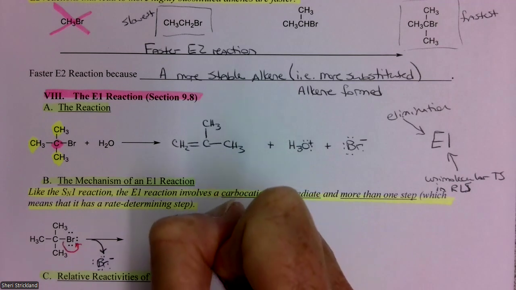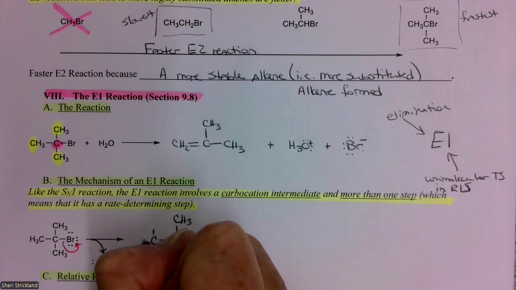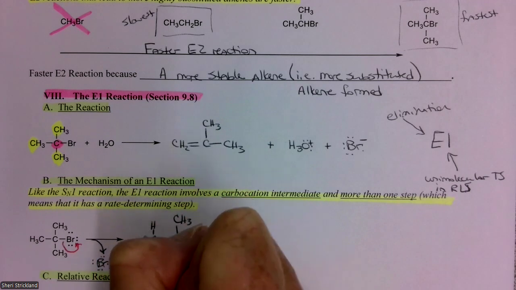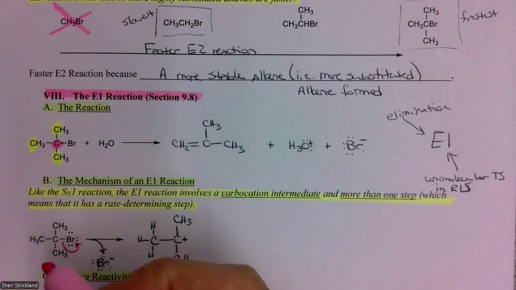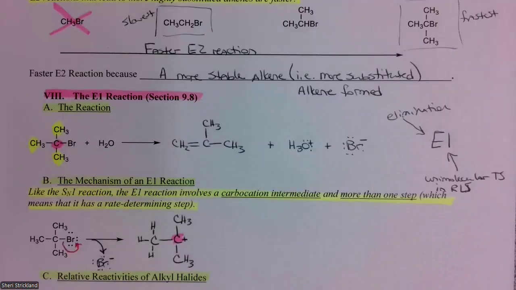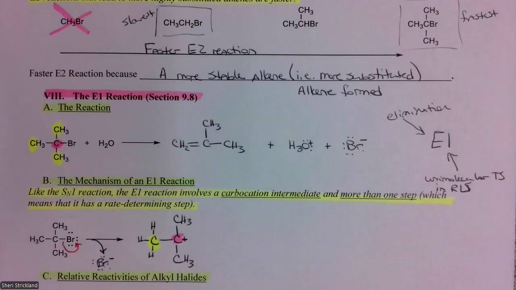This is our alpha carbon. These are the 2 beta carbons that I'm not going to do anything with. And I'm going to draw out the hydrogens on this beta carbon because that's where we're going to lose one. So let's do this just to remind ourselves of why we did it that way.